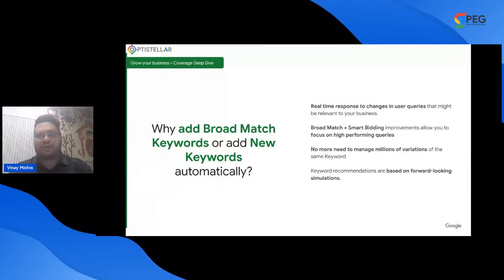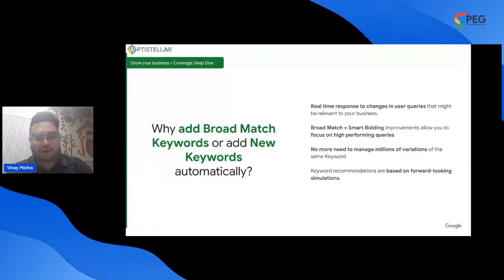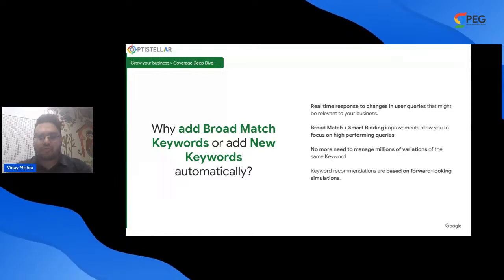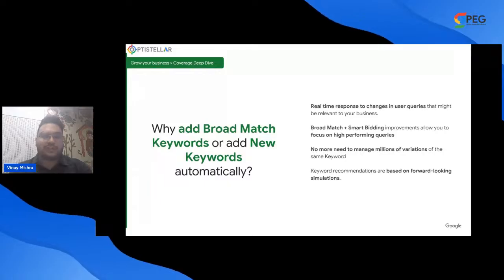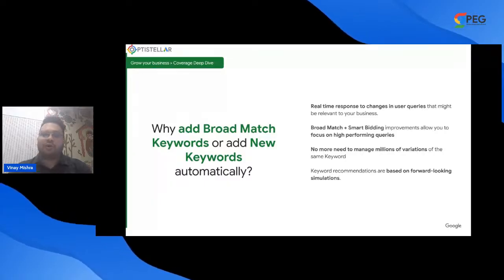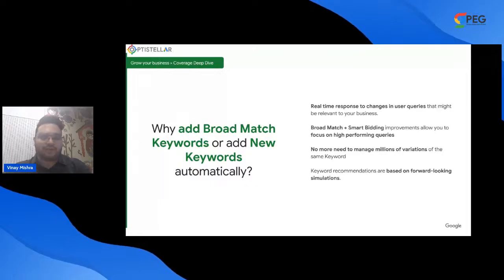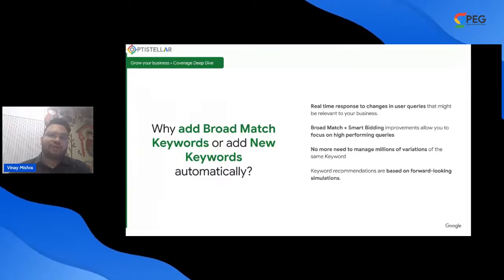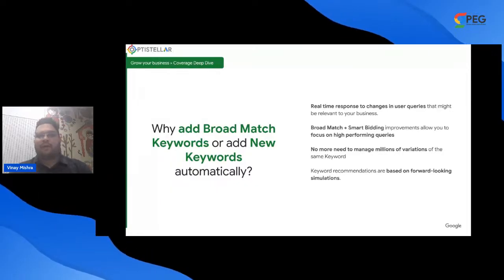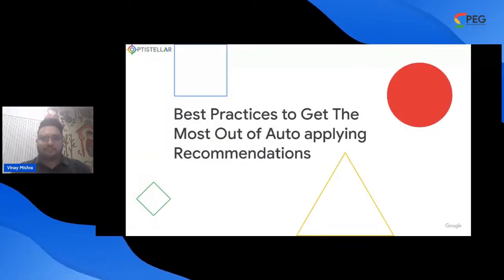So there are always higher chances that when a keyword is suggested for you to add or change to broad match, it is more likely to increase the traffic for your campaign, so that you can drive more results here.